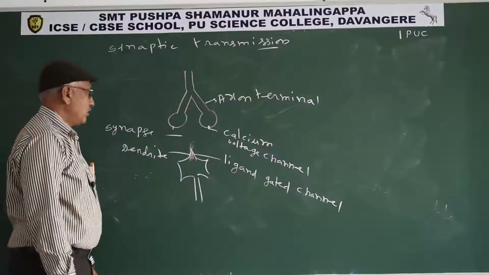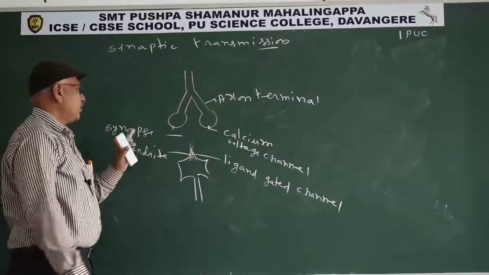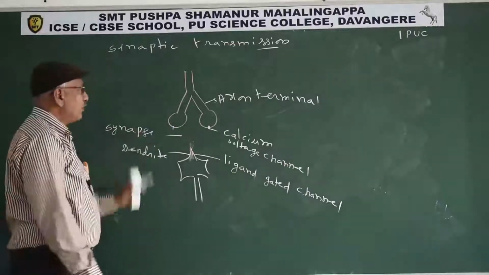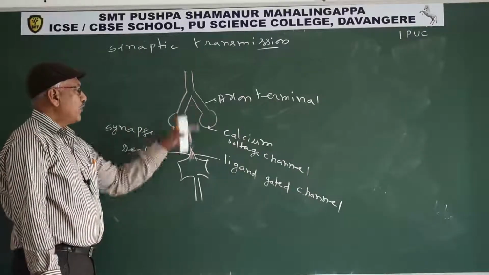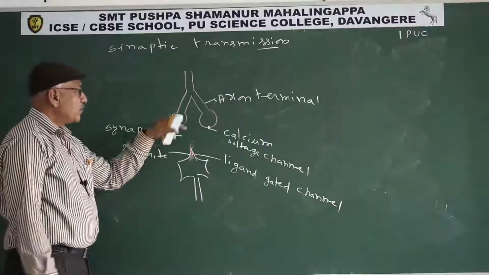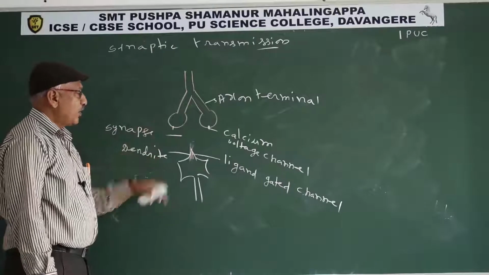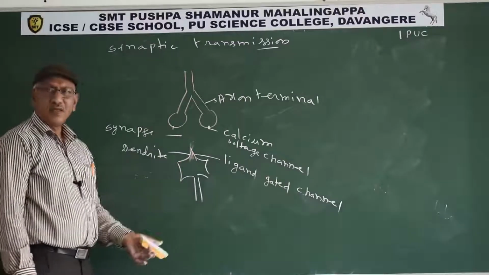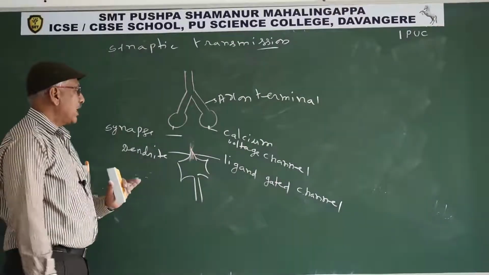So synaptic transmission. Transmission of information or message from one neuron to another neuron is known as synaptic transmission. The empty place present between axon terminals of one neuron and dendrites or cytons of another neuron is known as synapse.